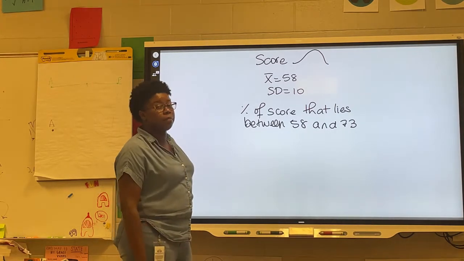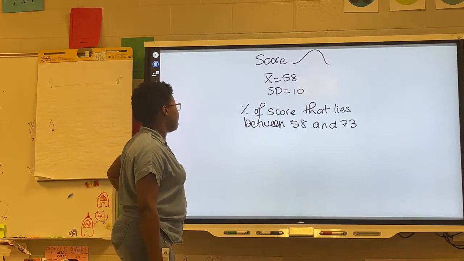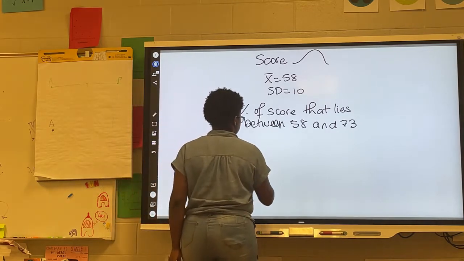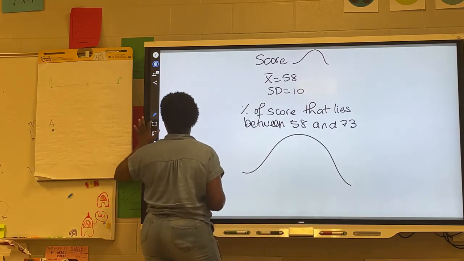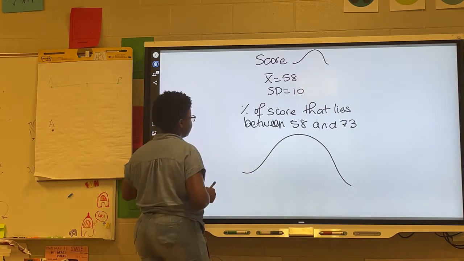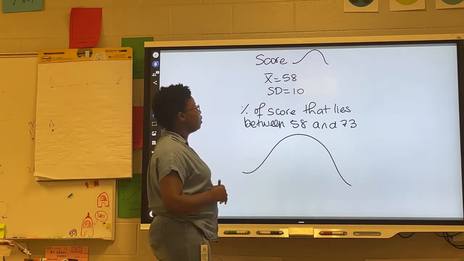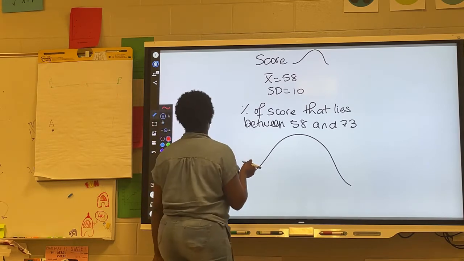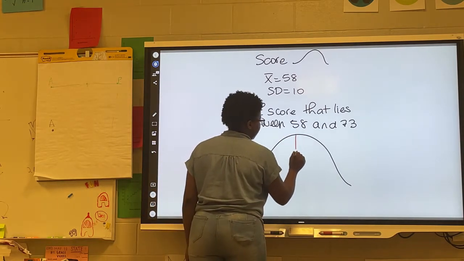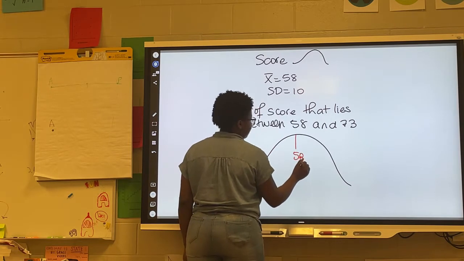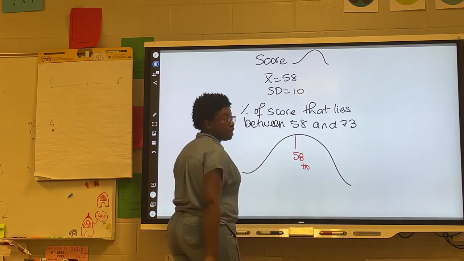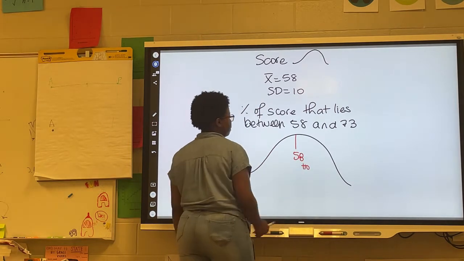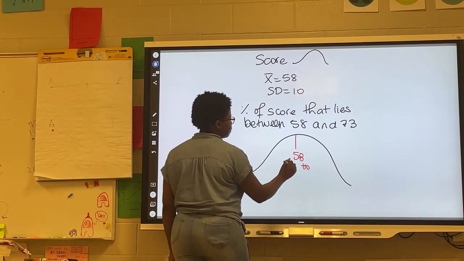So I'm going to go to the simplest method first, and then we do the other one after. Let me draw the bell curve. We're going to represent 3 standard deviations above the mean or 3 below, or once we get our desired number, we can actually stop right there. So 58 is the average. I'm going to be adding to my right for my standard deviation and subtracting to the left.